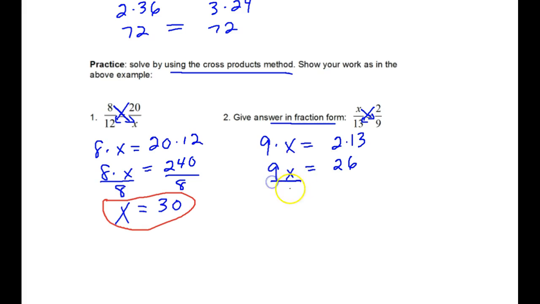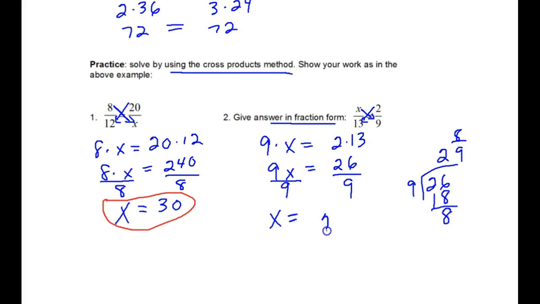I'm going to get rid of my 9 here by dividing both sides by 9. Uh-oh. 9 doesn't go into 26 evenly, does it? So I'm going to take 26 and divide it by 9. 9 goes into 26 2 times. 2 times 9 is 18. When I subtract 26 minus 18, I get 8. 8 is my remainder. 9 goes into 26 2 and 8/9 times.